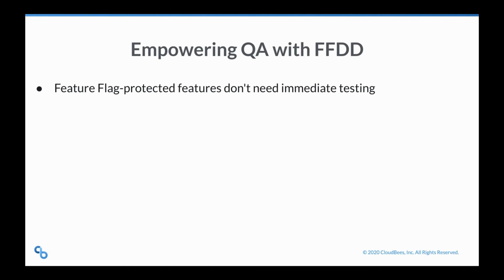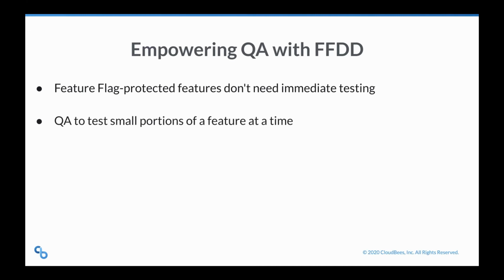But I think that your QA team doesn't have to go into production and test the feature fully. So it helps the relationship between QA and developers in the sense that it lowers the time that QA has to focus on what happens in production.